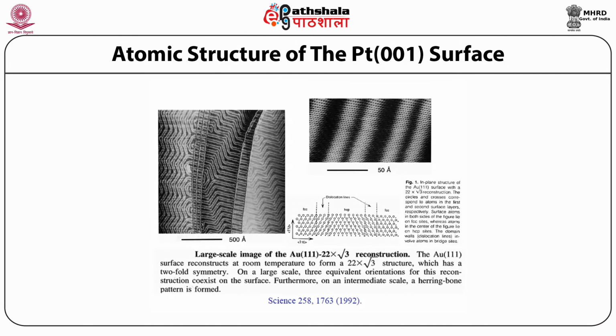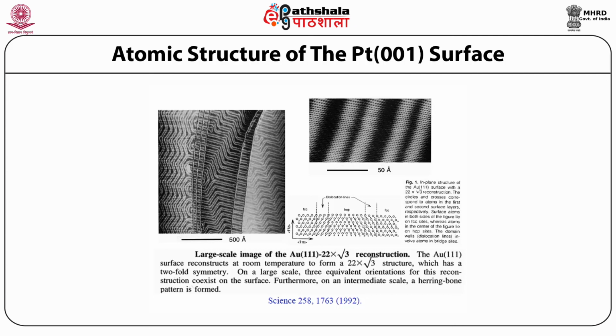So students, these are the images showing the in-plane structure of the gold 111 surface with a 22 multiplied by root 3 reconstruction. Now here the circles and the crosses correspond to the atoms in the first and the second surface layers respectively.